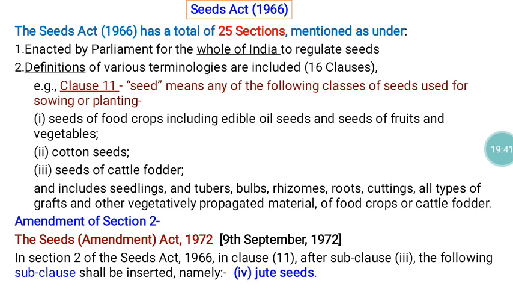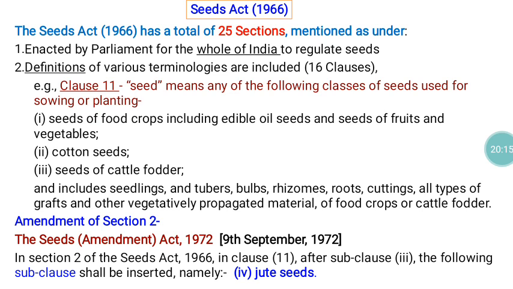We have seed material in forestry seeds and also in herbal plants, but in those cases we are not able to produce quality seeds, mainly because they are not included in clause 11 of Section 2 of the Seed Act. These are the major lags as far as the Seed Act is concerned. We are going to modify all this in the Seed Bill, so we can discuss this in the Seed Bill section.